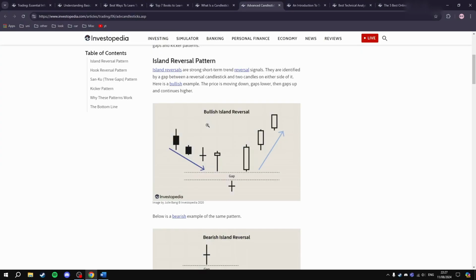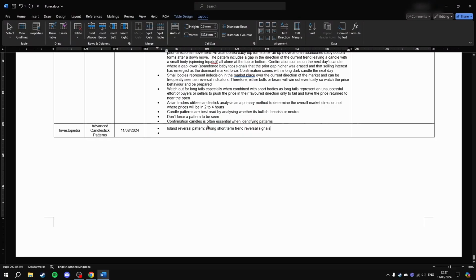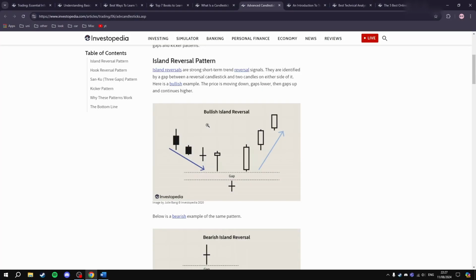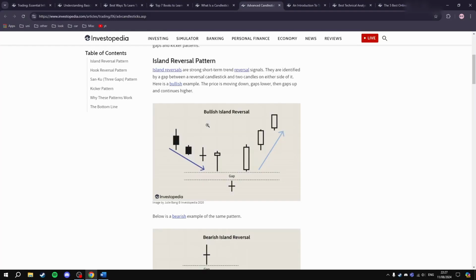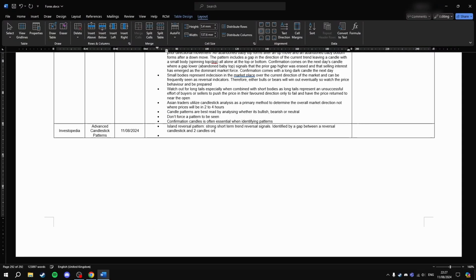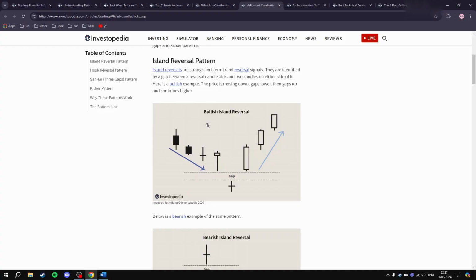They are identified by a gap between a reversal candlestick and two candles on either side of it. Here's a bullish example. The price is moving down, gaps lower, then gaps up and continues higher.